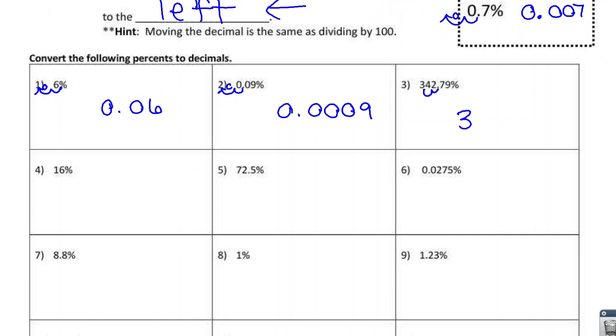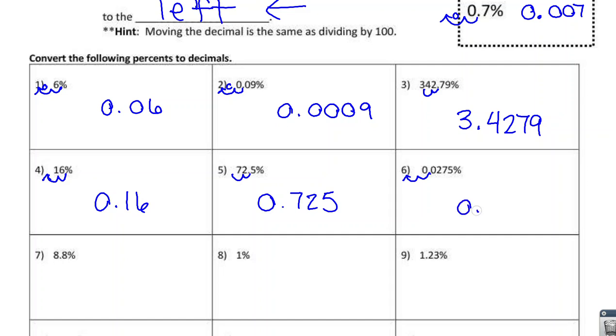So this became 3.4279. Start in the back, move it 2, 0.16. Move it 2 to the left, 0.725. And then 2 to the left, 0.000275. If you have any questions and you were confused, pause here, ask your teacher for some help.